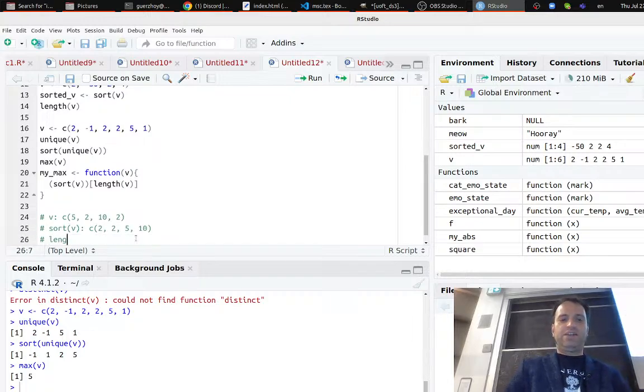And then length of v is 4, so that's just the number of elements. And then if you say, get me the fourth element of this, well, that's going to be the maximum. Right? So that means, again, if you want to do my max and then give it whatever, you can.